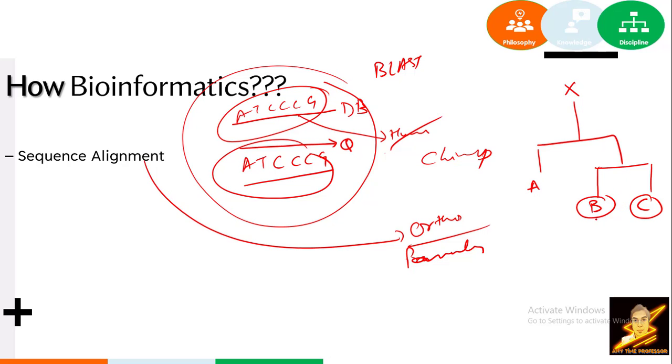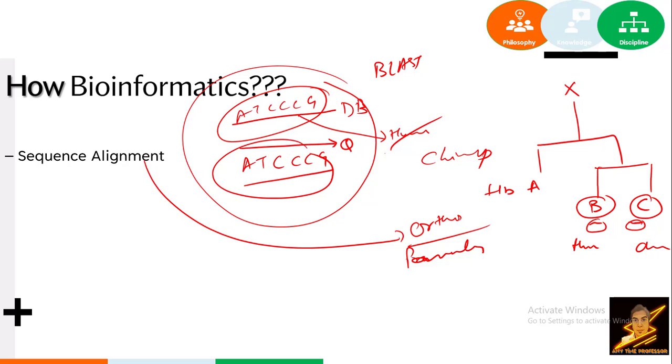It may be possible that certain genes are also the same in those organisms. If those genes are the same and performing probably the same function, then we can say that these genes are orthologous. For example, the hemoglobin coding gene in human as well as chimp, these are orthologous genes.